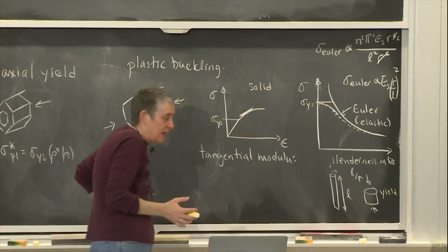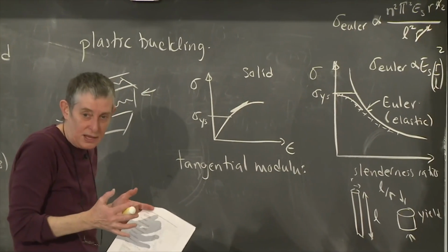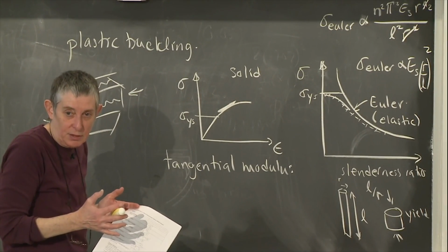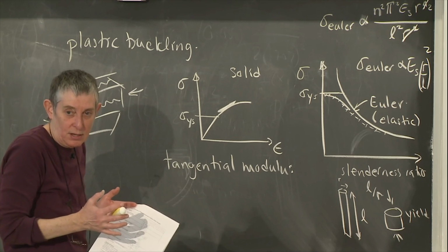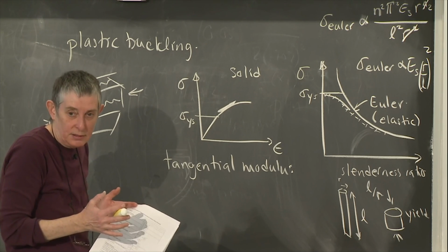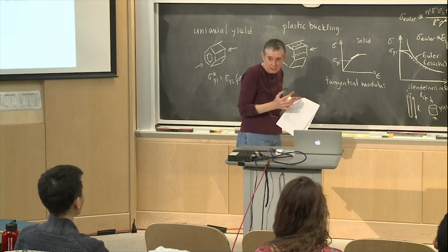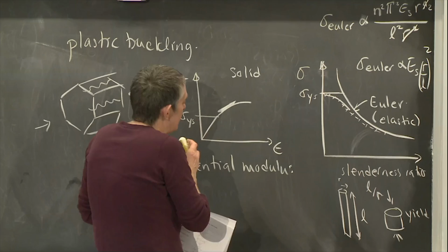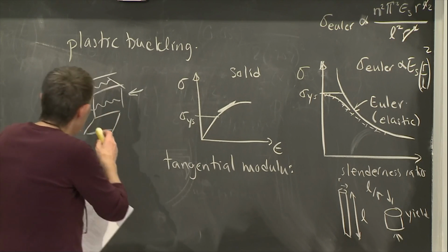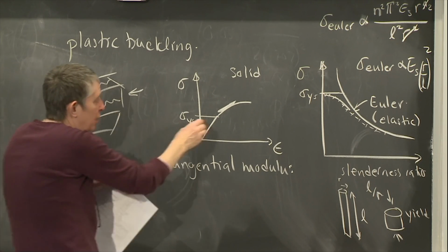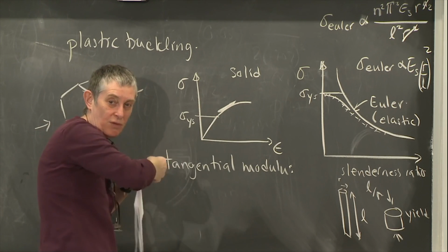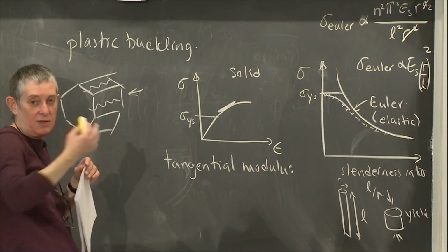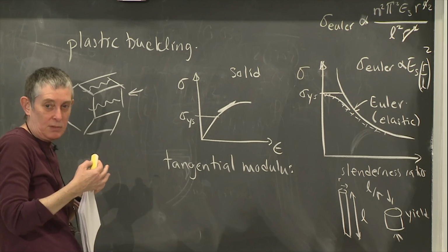By the time you get that deformation, locally it's yielded. It's not all elastic everywhere. It's going to yield in places, and once it starts yielding, if you think of these buckles forming, it's not like you're at one spot on this curve throughout the whole thing. Some of it's more deformed and some of it's less deformed.